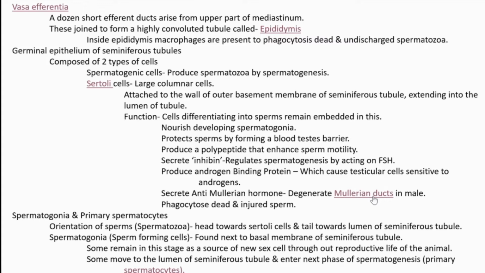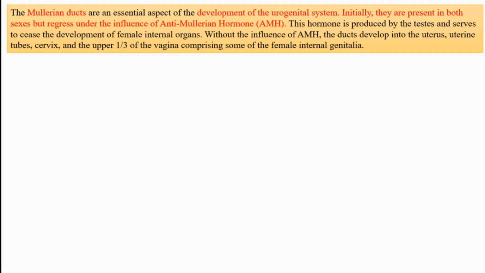The definition of Mullerian ducts and explanations are given in this slide. Mullerian ducts are an essential aspect of the development of the urinogenital system. Initially, they are present in both sexes, but regress under the influence of anti-Mullerian hormone, which is produced by the Sertoli cells of the testis and serves to cease the development of female internal organs.